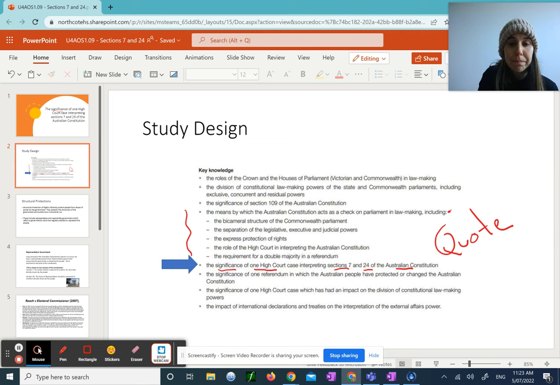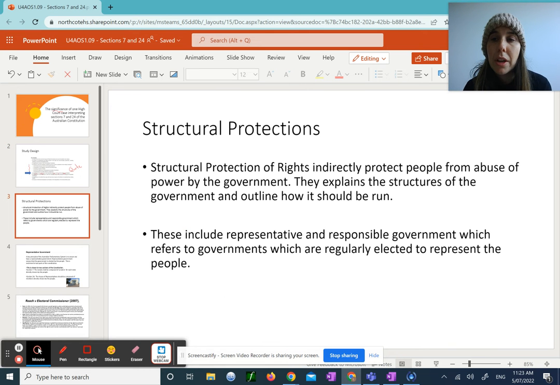Okay, so in order to understand the importance of one High Court case in interpreting these two sections, it's good to know a little bit of background information. Okay, so to start with, we often talk about structural protections in the Constitution. Now, structural protections means what are things written in the Constitution that can indirectly protect people from the abuse of power by the government.